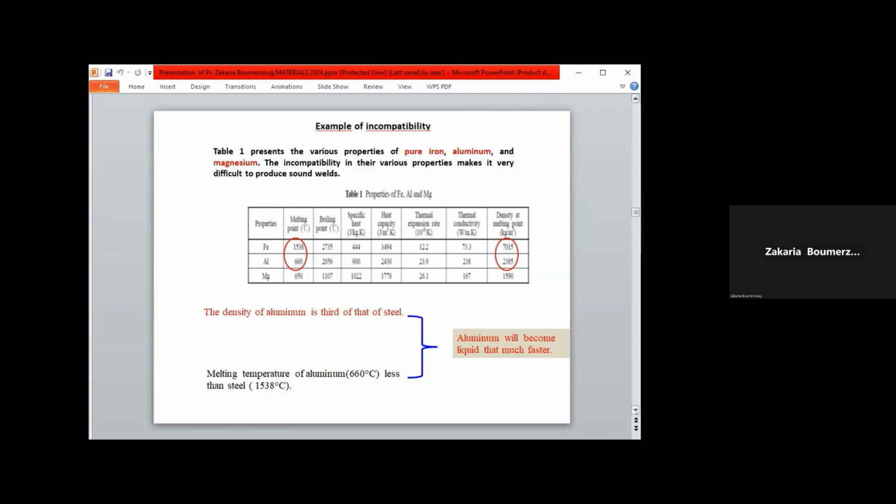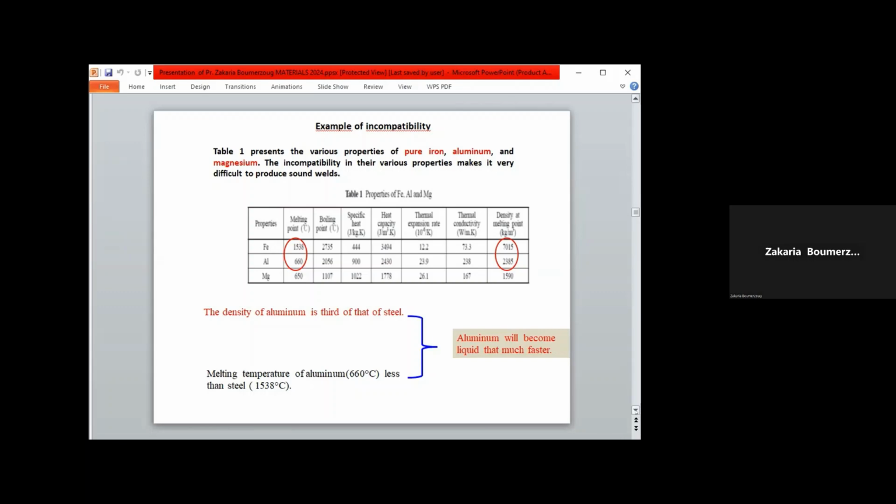The first one is the melting point. The melting point of iron is 1438 degrees Celsius. However, the melting point of aluminium is 660 degrees Celsius. It means the melting temperature of aluminium is less than steel.